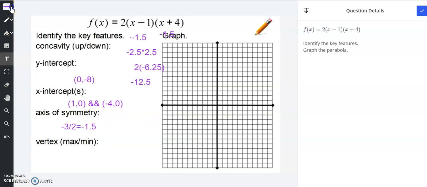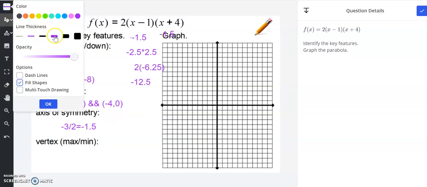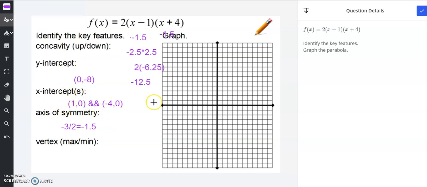Now let's graph it. Get a little bit bigger pen. So we have a y-intercept at 0, -8. 1, 2, 3, 4, 5, 6, 7, 8. X-intercept of 1, 0. So 1 is here. 1, 2, 3, 4.